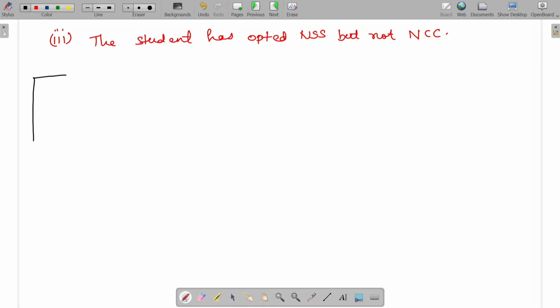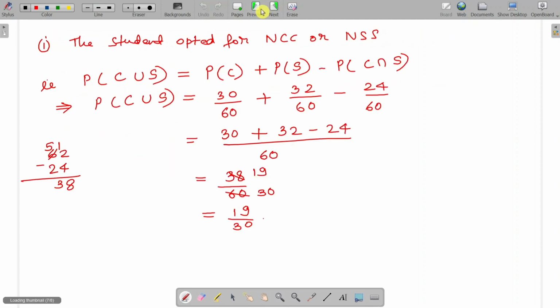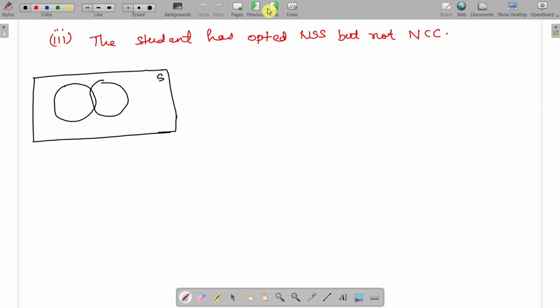So if this is the sample space, and we have the event C and event S here like this. So suppose this is C, this is S. Now what we have to find is NSS but not NCC.